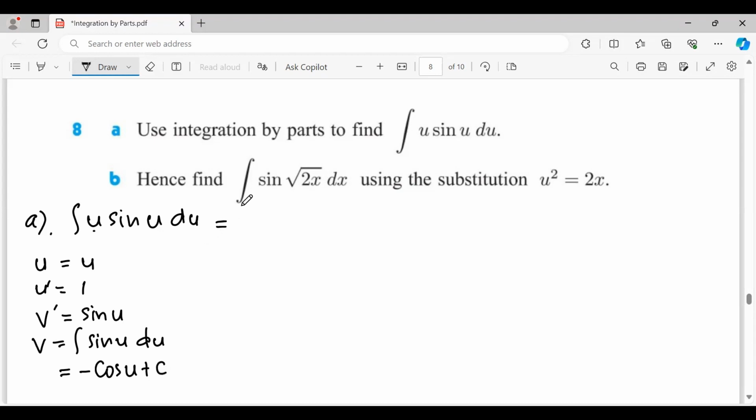Based on the formula of integration by parts, u times v: u times minus cosine u plus c, minus the integral of v, minus cosine u, times derivative u, 1, du.